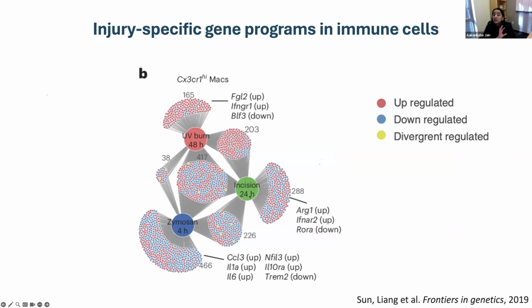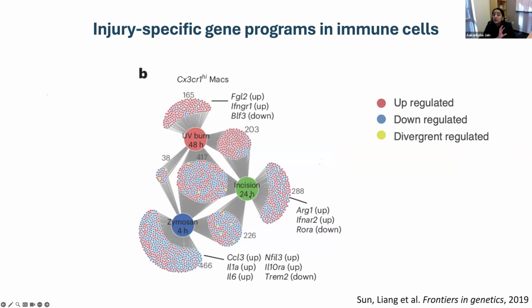So in this case, we compared peak hypersensitivity for Zymosan, incision, and UV burn, which is 4 hours, 24 hours, and 48 hours, within CX3CR1 high macrophages. And you can see that a lot of the transcriptional changes are also very unique. There are changes in, for example, FGL2, which we only see in UV burn.